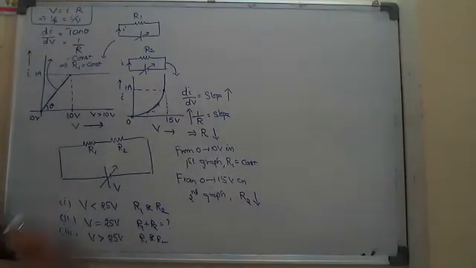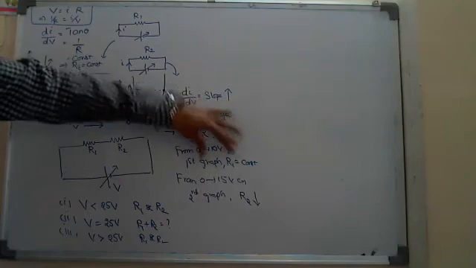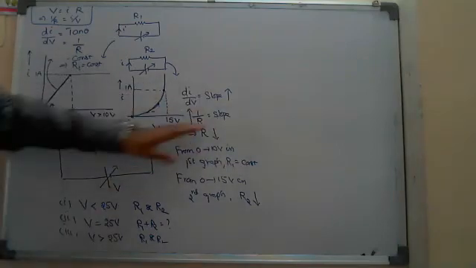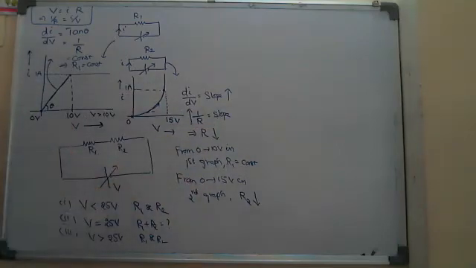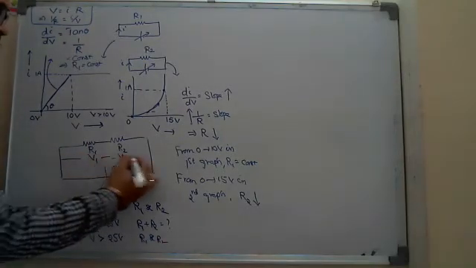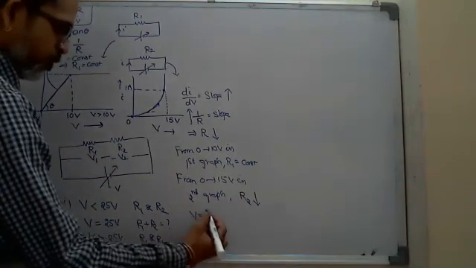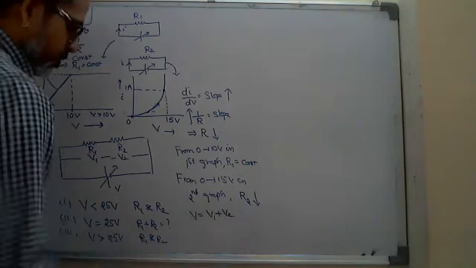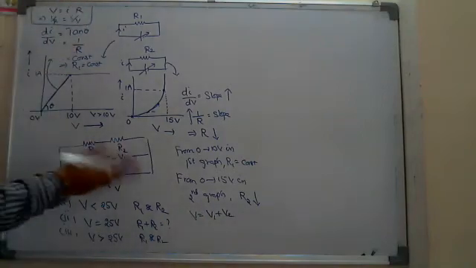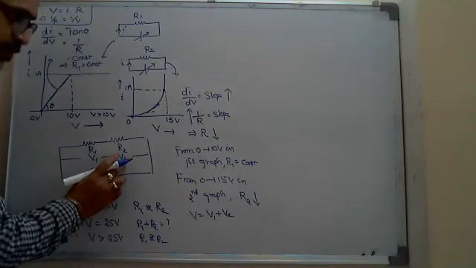So here the total voltage, if this is less than 10 volts and this is less than 15 volts, the total voltage across here is actually V1 plus V2 in series. You know that. So total voltage is equal to V1 plus V2. Up to 10 volts, V1 is less than 10, V2 is less than 15.